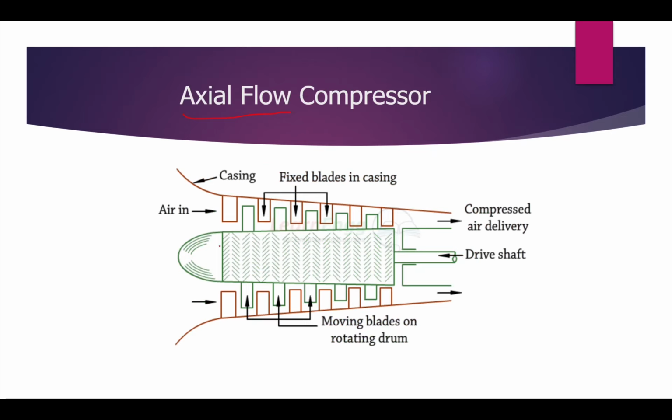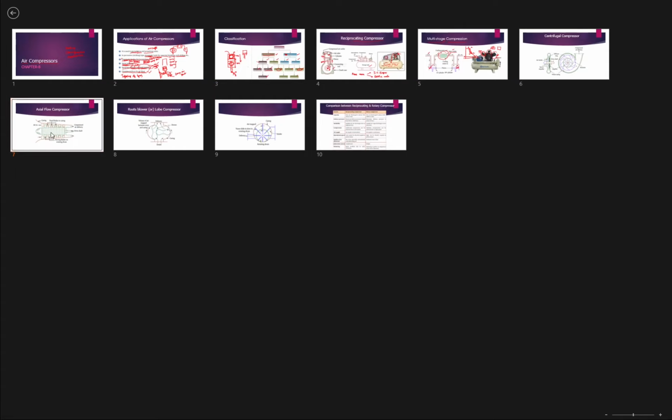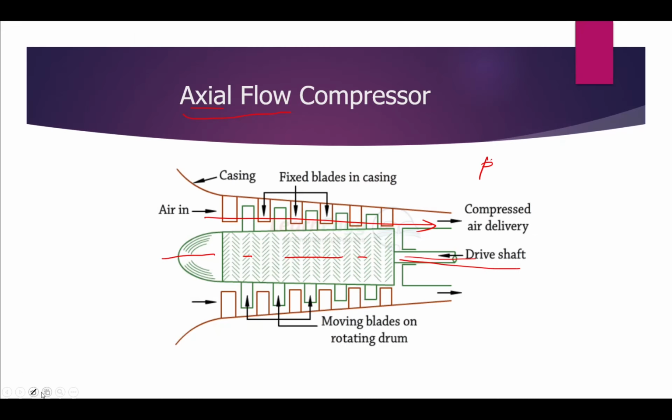Here in axial flow, if you take the axis of the compressor, this is the drive shaft, this is the axis of the compressor, and the airflow will be parallel to the axis. That is why it is called an axial flow compressor.